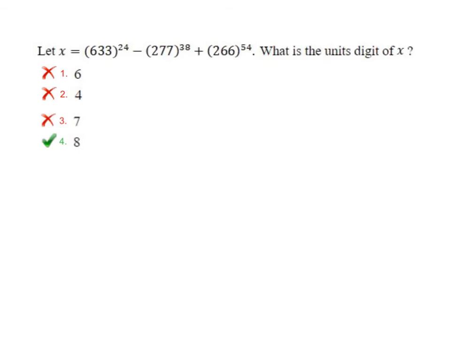Let x be the given value. What is the unit digit of x? It is asking you the unit digit of x. In order to find the unit digit of x, you take the unit digit of the base and the last 2 digits of the power and divide it by 4. Same thing, 38 and divide it by 4. 6 to the power of anything always gives you 6. So here the remainder is 0.